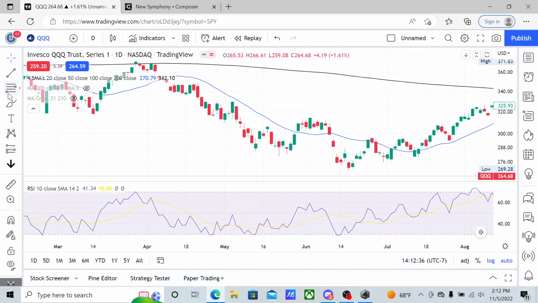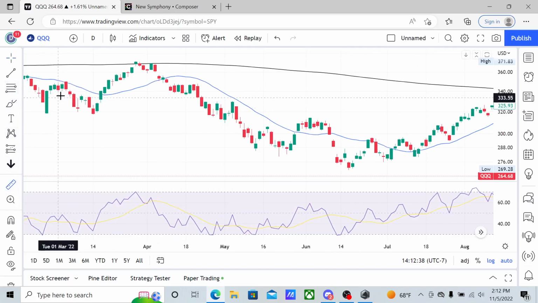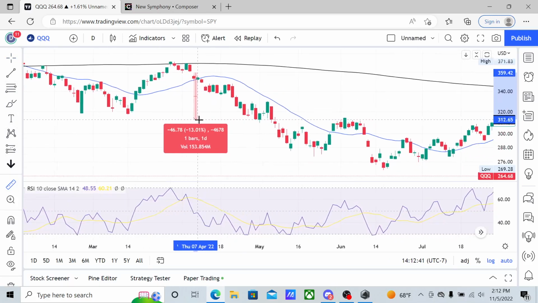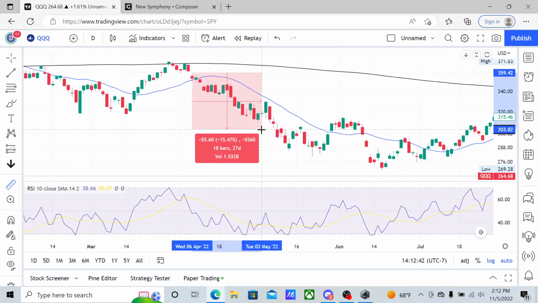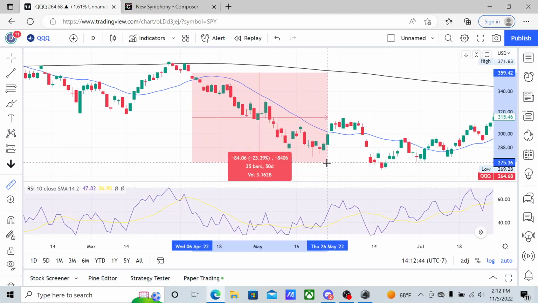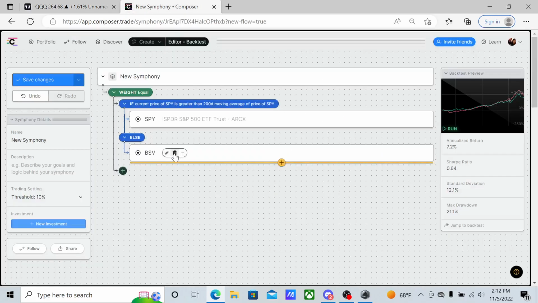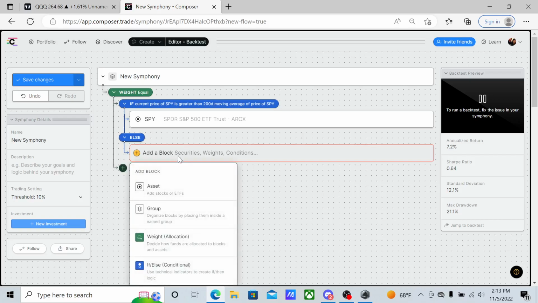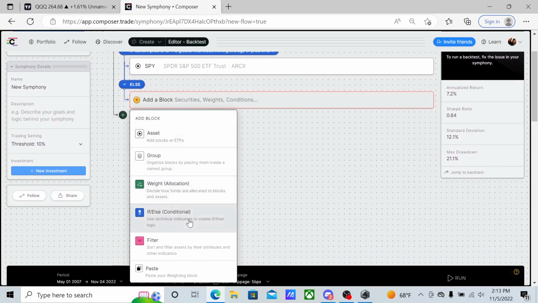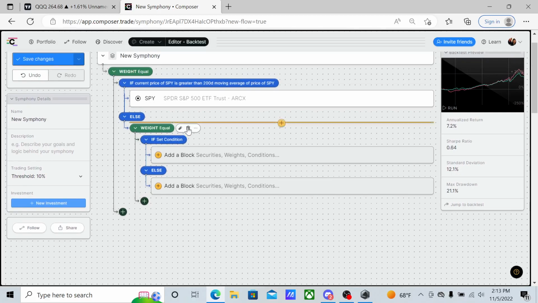So let's just take this and look at it. The range is just a rough estimate, but it's about a 20% decline over about 50 days. So what you could do is say, okay, let me see if I can ride the wave down by plugging in another if statement.